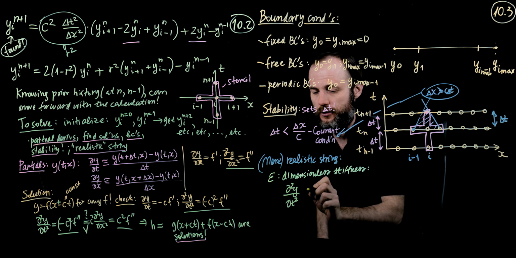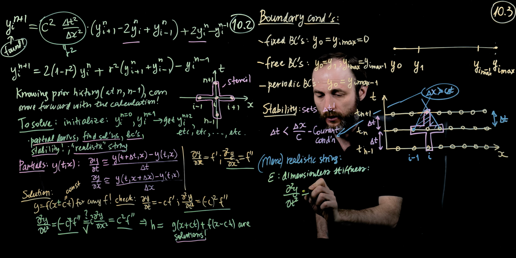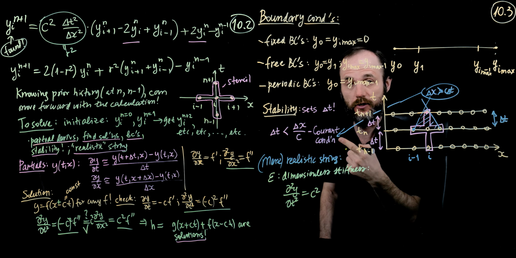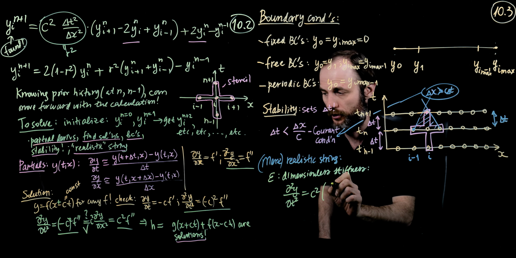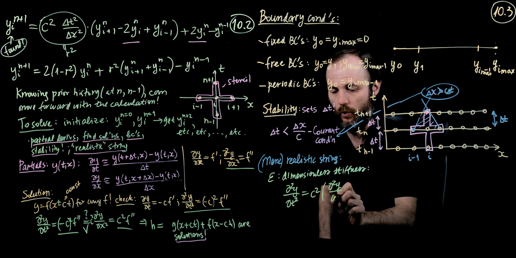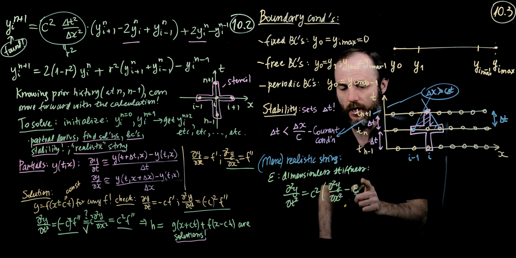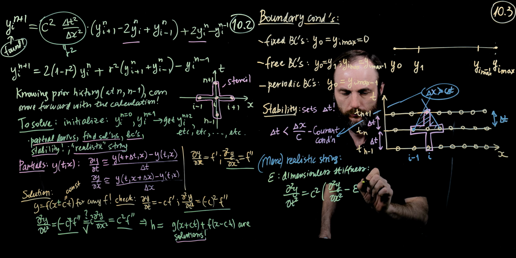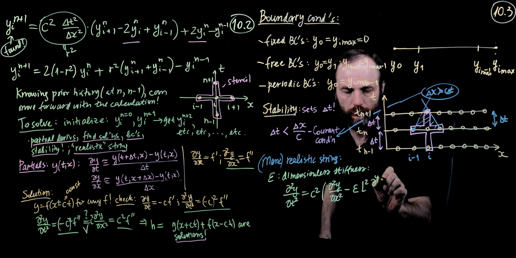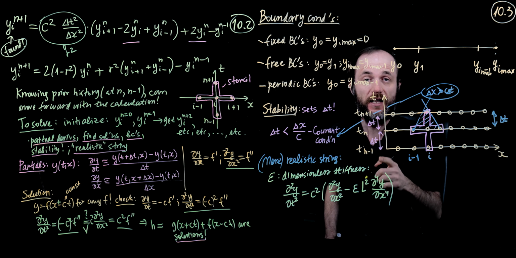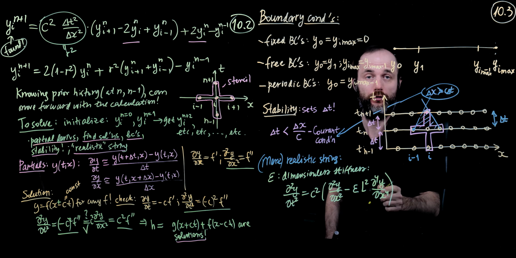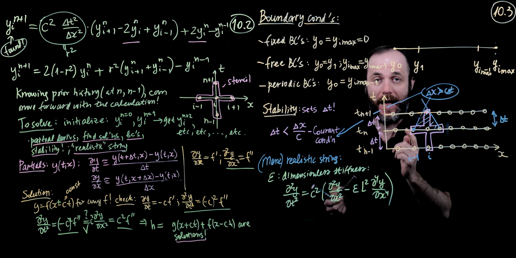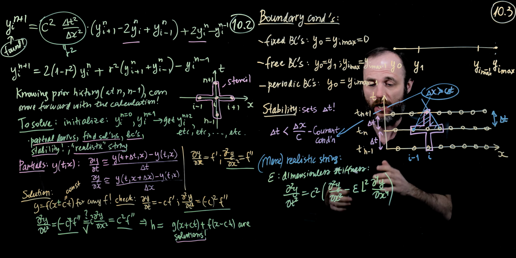So that will be d2y dt squared is equal to the speed squared of our waves, d2y dx squared, minus this dimensionless stiffness times the fourth derivative. Yes, it is a fourth order partial derivative, and that, it turns out, is how stiffness enters into the equations of motion.